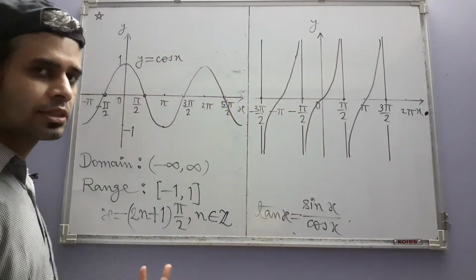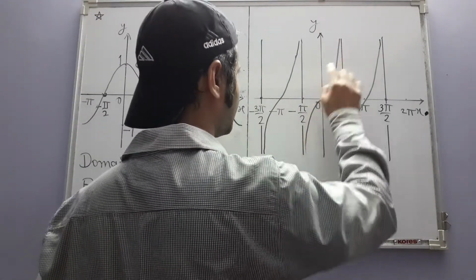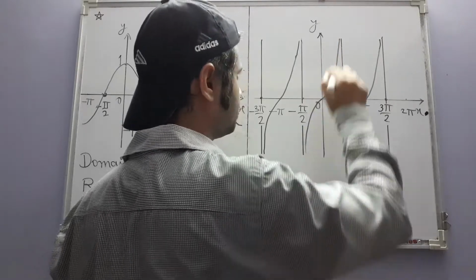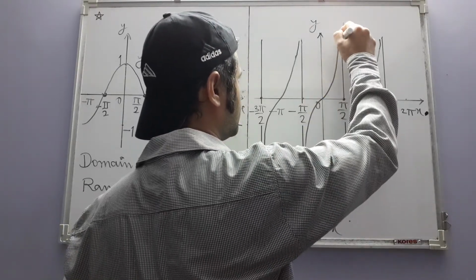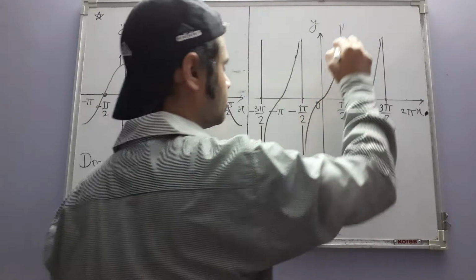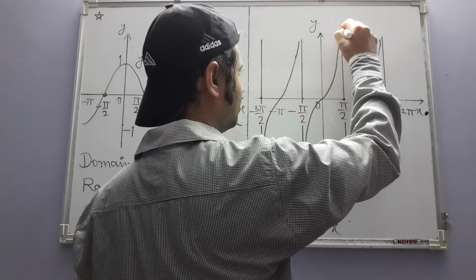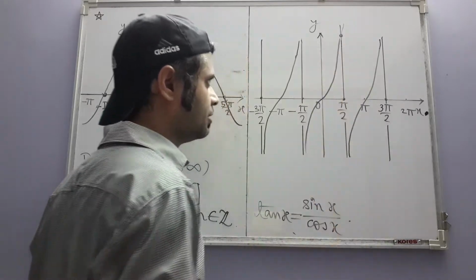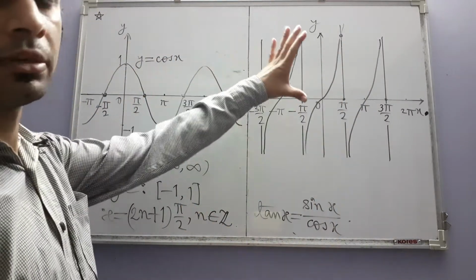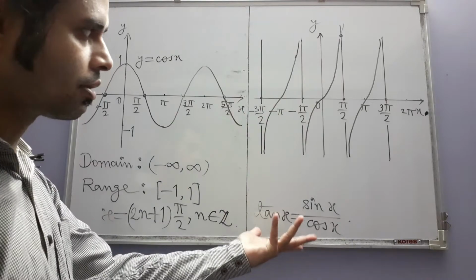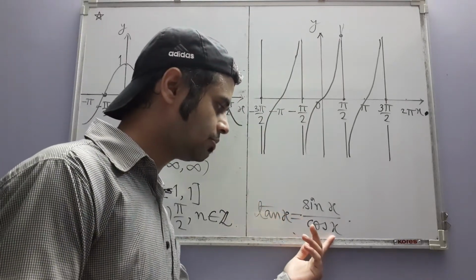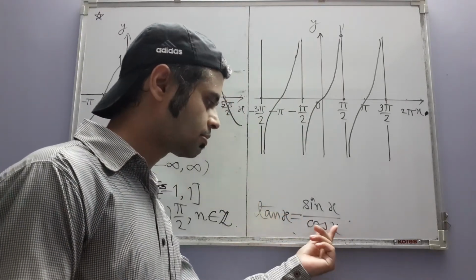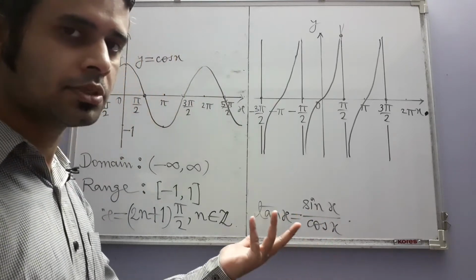Do you just simply see why? Because if it touched this line, for example, say if it was like this, then definitely the tangent would have a value at pi divided by 2, a finite y value, which however is not possible, because at pi divided by 2 radian, cosine of that becomes 0.